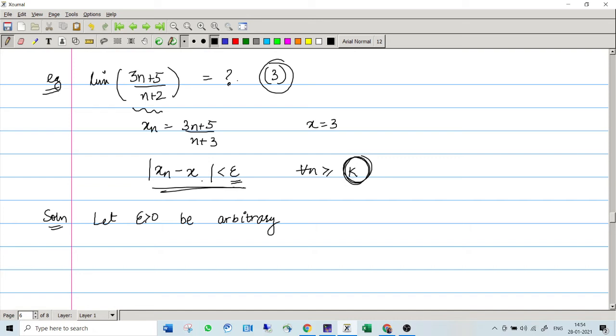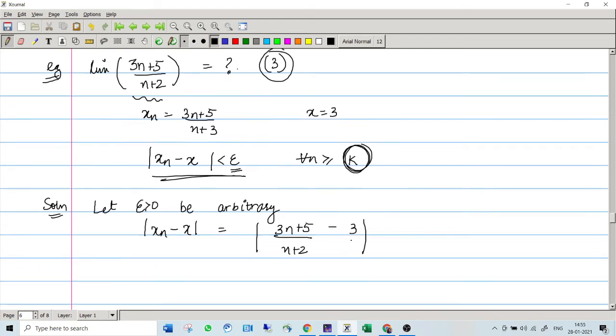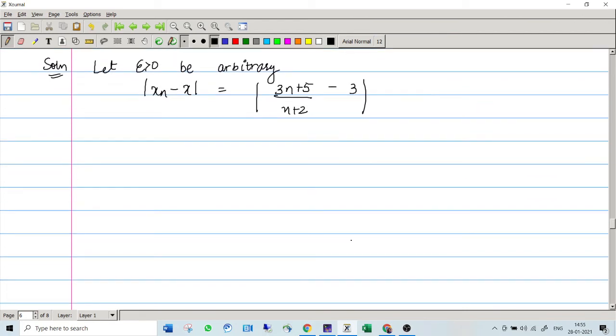Let us consider this quantity first, xn minus x, which is 3n plus 5 upon n plus 2 minus 3, which is nothing but 3n plus 5 minus 3n minus 6 upon n plus 2. Means you can say that this is 1 upon n plus 2, right?